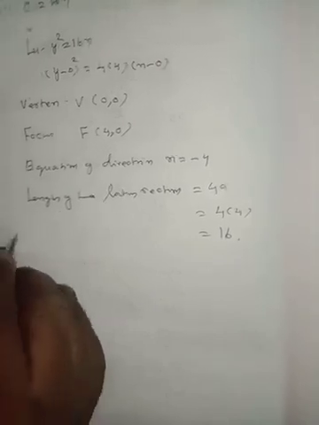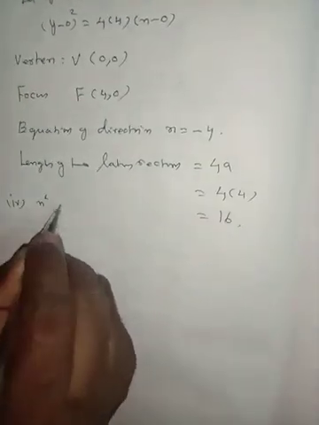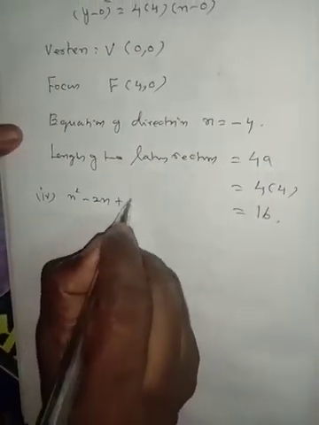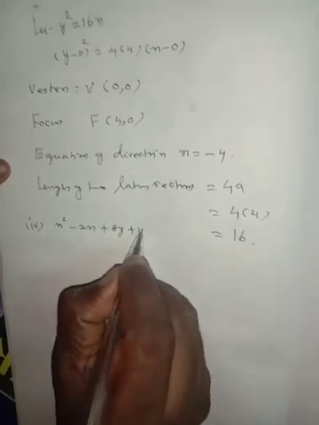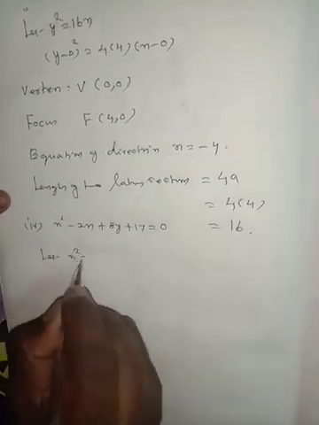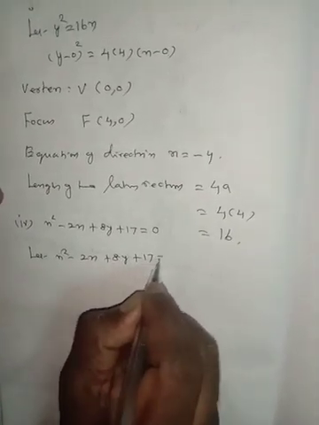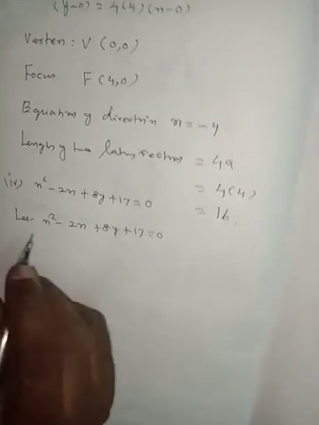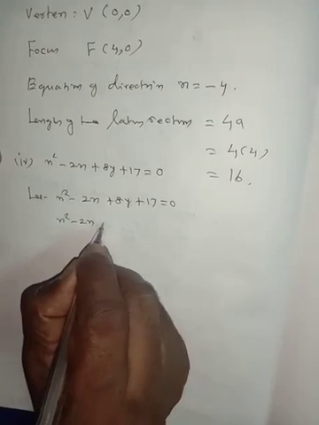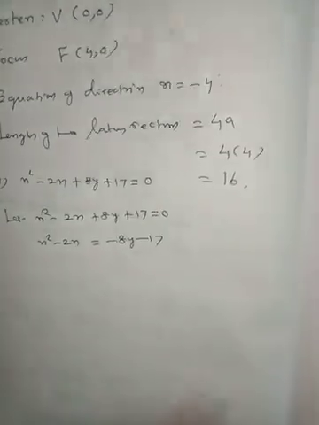Next solution, number 4. x square minus 2x plus 8y plus 17 is equal to 0. Left hand side x square minus 2x, right hand side minus 8y minus 17.